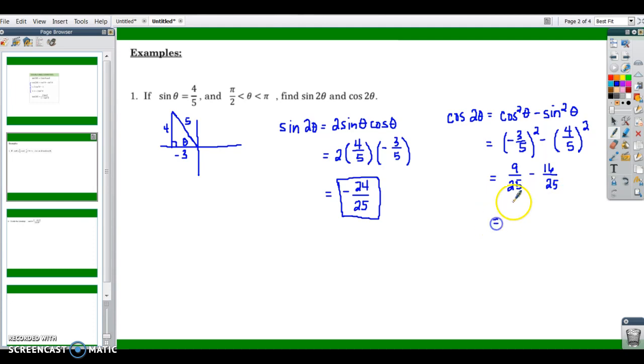So 9/25 minus 16/25 is going to be -7/25. And that's your answer for those. Again, draw yourself the picture and then just use the formulas and the picture to do the computation.